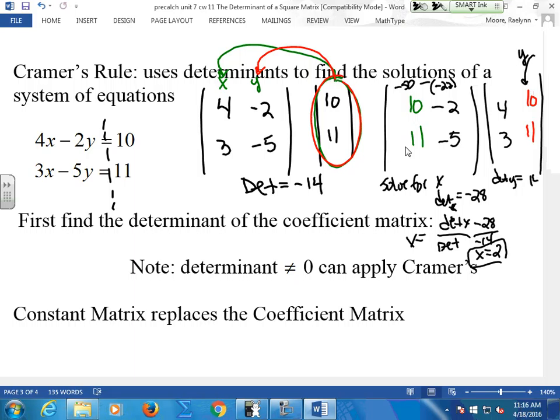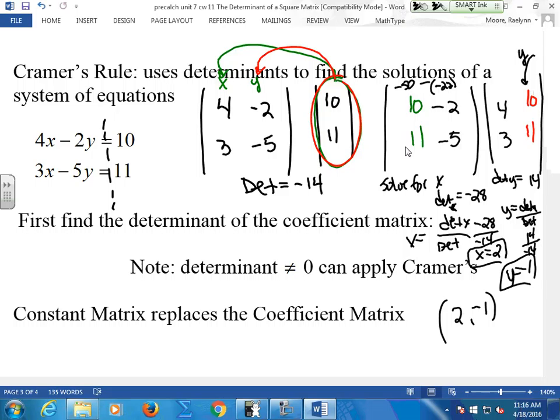14. Okay? So to find y, we take the determinant of y over the big determinant. So 14 over negative 14, and what is y equal to? Negative 1. So here's my solution. If I had 3 variables there, I would do the third one and find z. And we'll do one in a second.